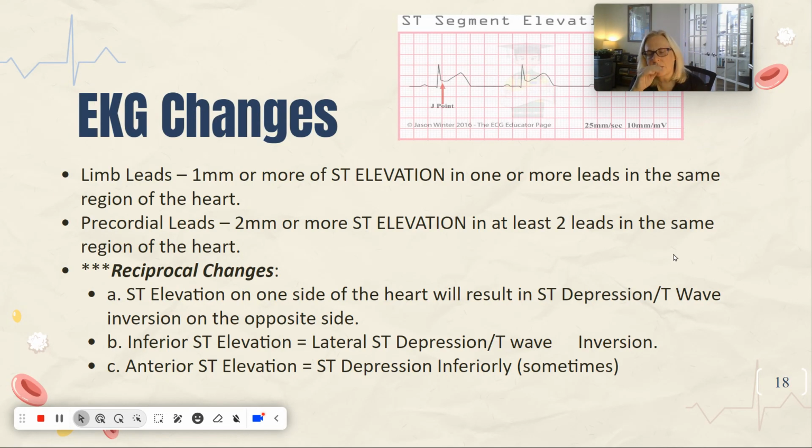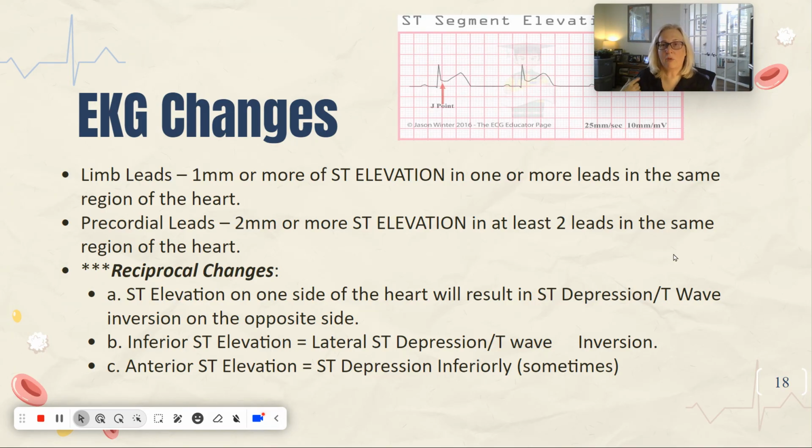So what does that mean? This is an MI, some sort of myocardial infarction where we have a blockage. So that means that if I were to have ST elevation in limb lead 1, that's the lateral region of my heart, right? Lead 1 goes across the body, it lands on the left arm, that's the lateral region.